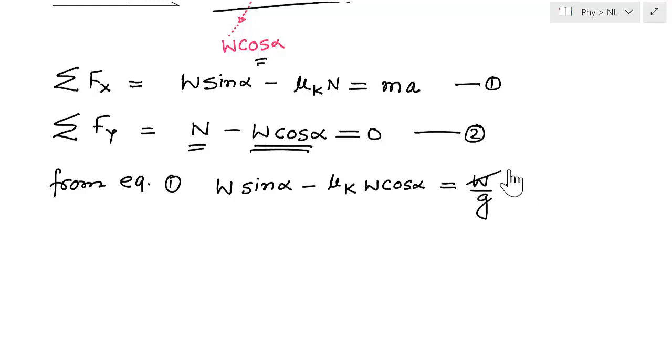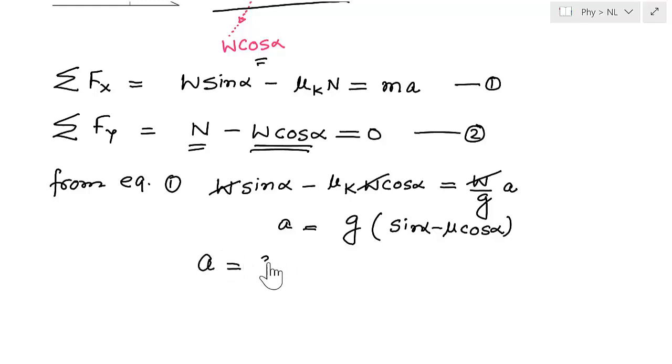So W cancels out. So we will have acceleration is equal to g comes this side, g times sin alpha minus mu k cos alpha. So if an object, or in this case toboggan, is sliding in the downward direction, the magnitude of acceleration will be g times sin alpha minus mu k cos alpha.